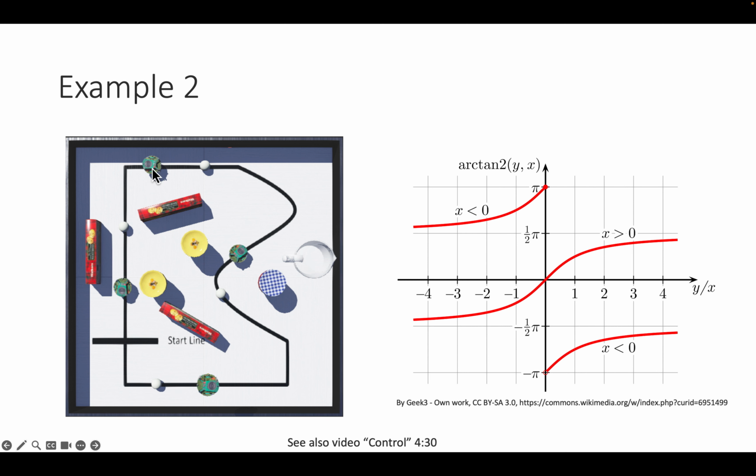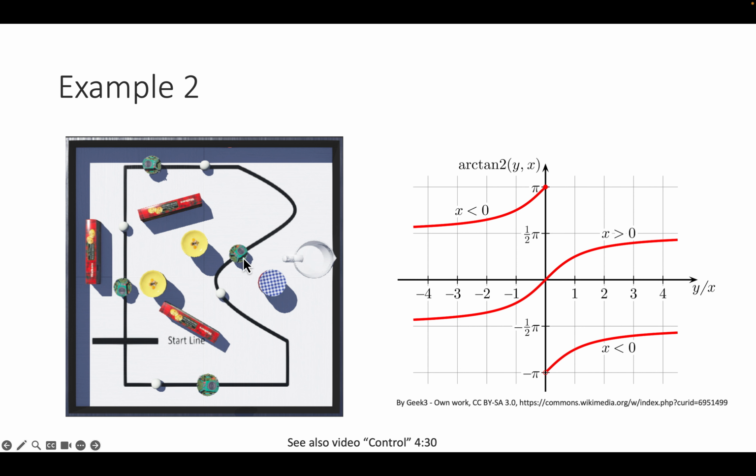In the next example, the orientation of the robot is at 0 degrees and the y difference is 0. That means the ratio between y and x is 0 always, so you are right here. So you are again at 0 degrees and the robot doesn't have to turn.